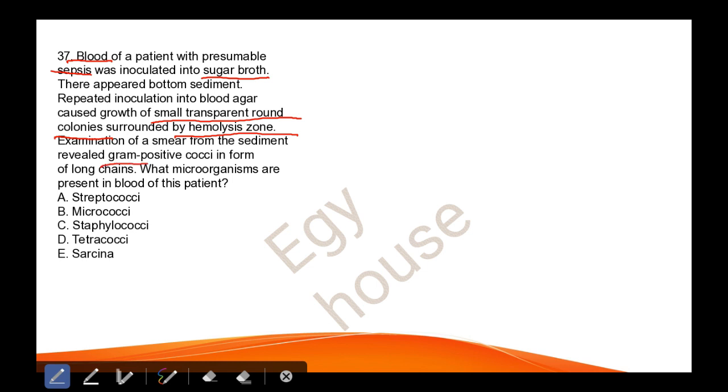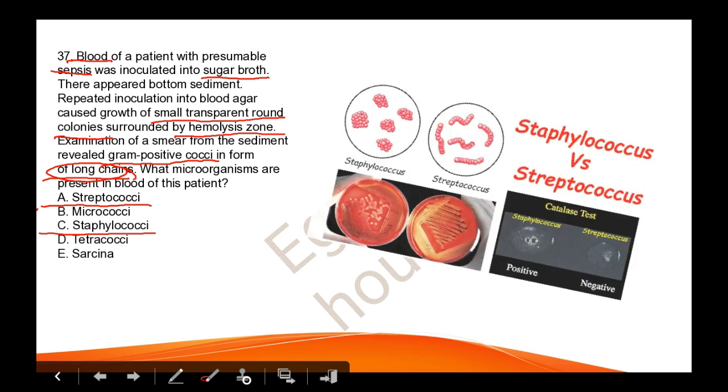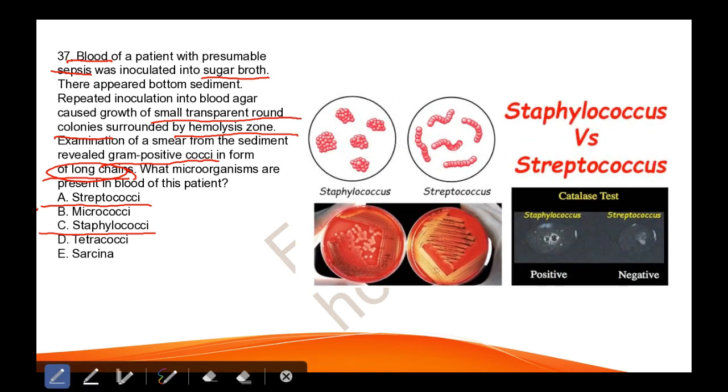These bacteria are gram-positive cocci in the form of elongated chains. So this is the pattern that should help you differentiate between streptococci and staphylococci, as you can see here in the picture: the streptococci form chains, while staphylococci are like a grape shape.